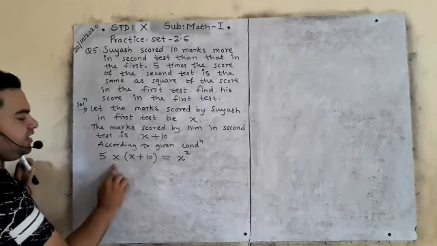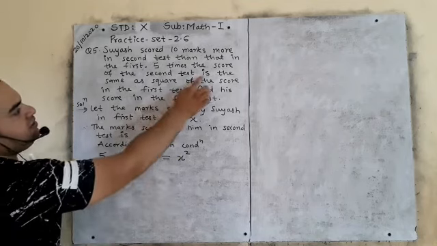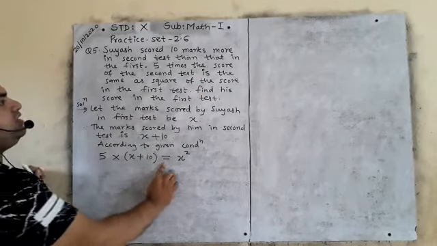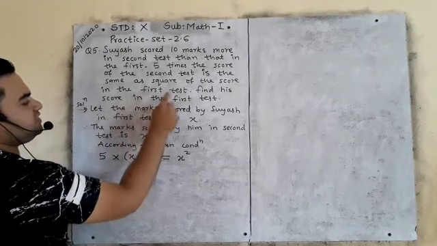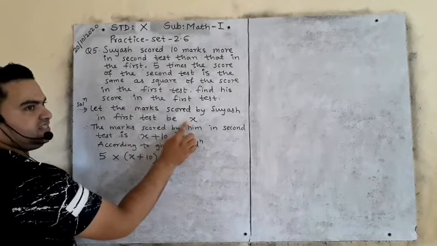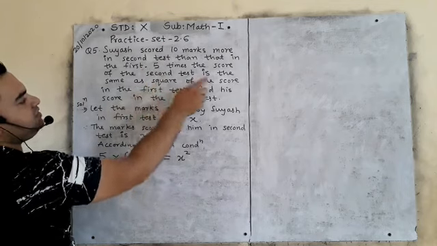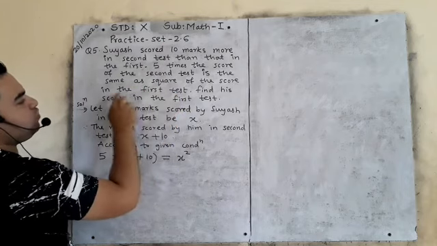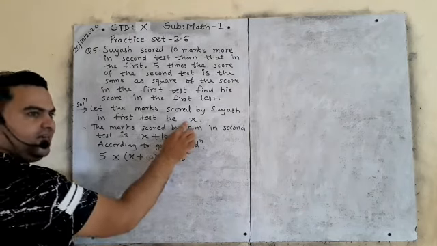Clear? 5 times the score of the second test is the same as the square of the score in the first test. What is the score in the first test? x. So the square of the first test. First test how many marks? x.